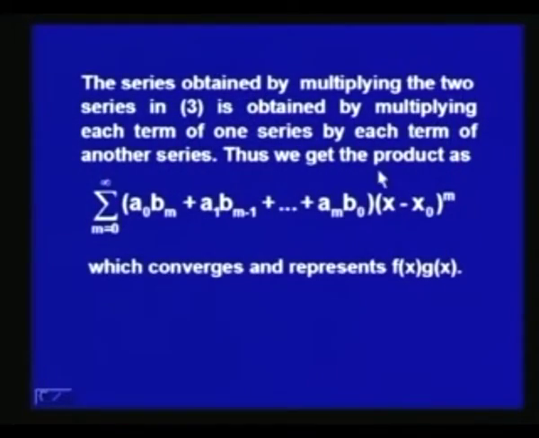The series obtained by multiplying the two series is obtained by multiplying each term of one series by each term of the other series, and thus we get the product as sigma m equal to 0 to infinity (a_0 b_m + a_1 b_{m-1} + and so on + a_m b_0)(x - x_0)^m, which converges and represents f(x) into g(x).